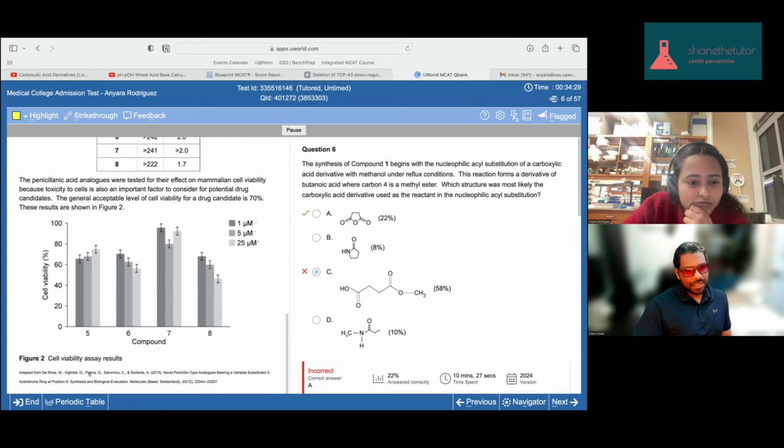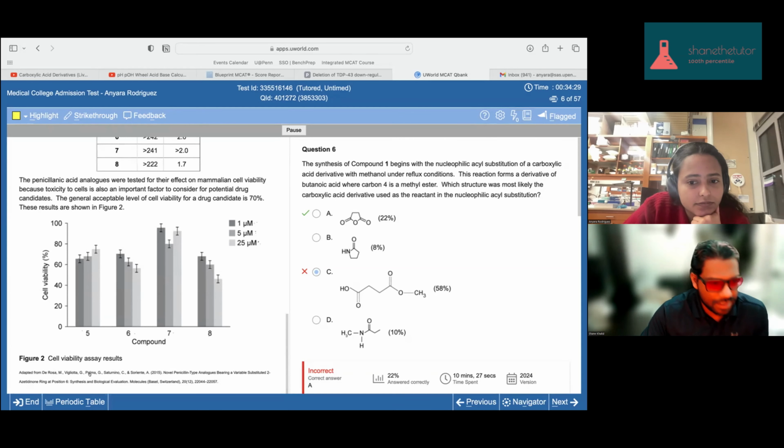I mean, they don't give us any statistically significant stuff here, and these error bars overlap. But since they're not mentioning anything about statistical significance, sure, maybe I'll say concentration will go up with cell viability for compound 5.